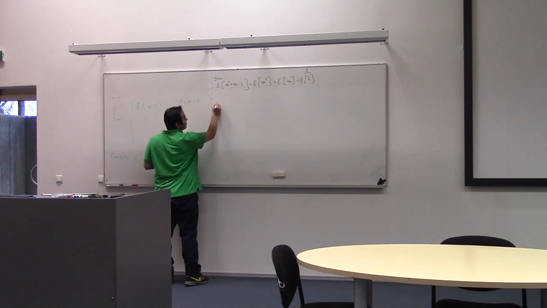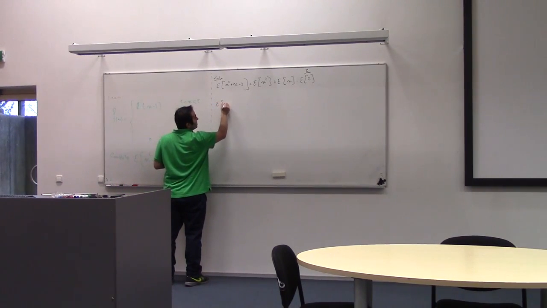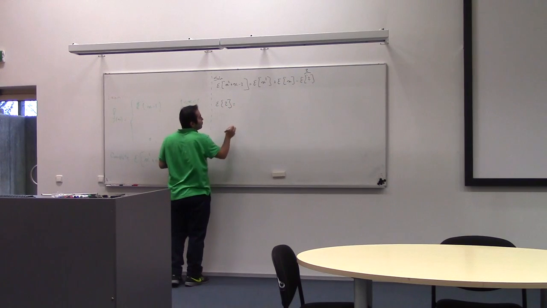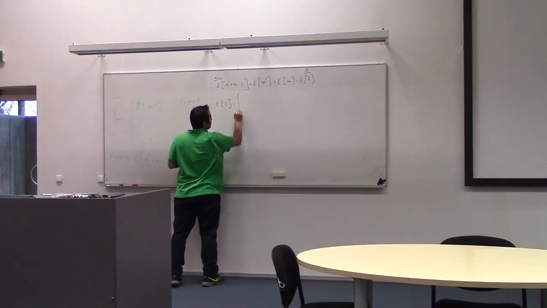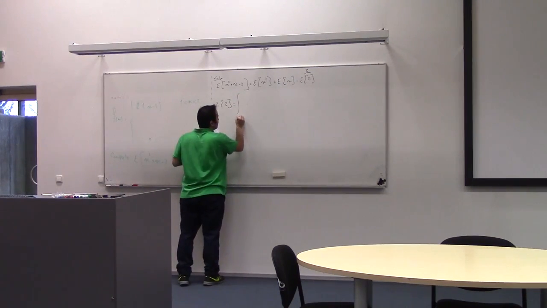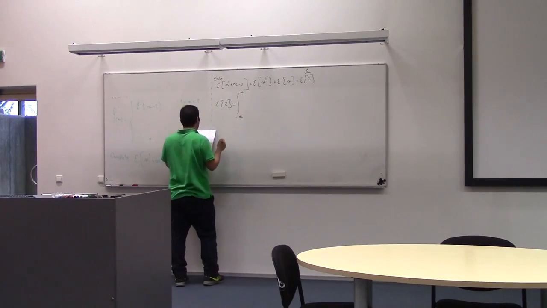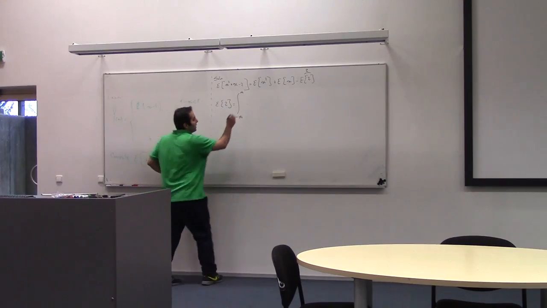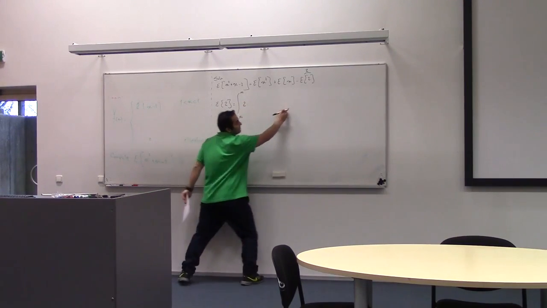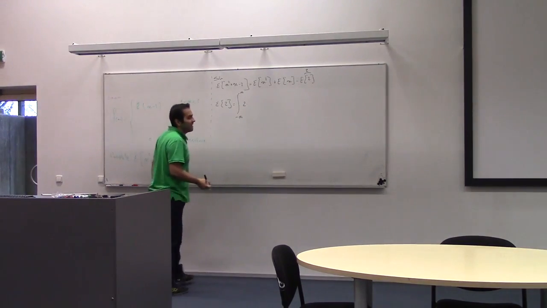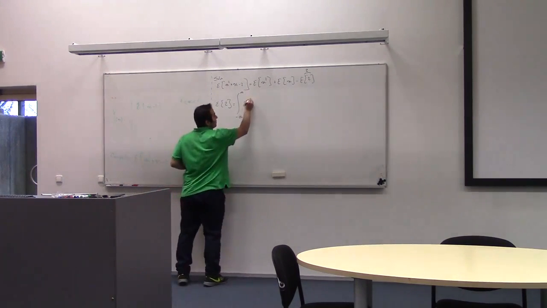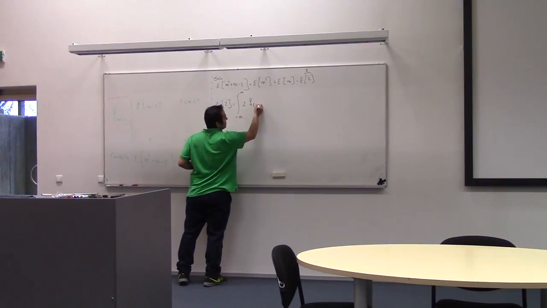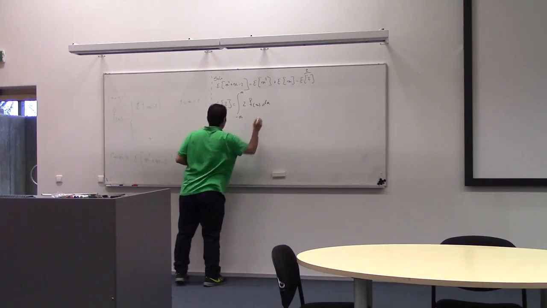But if we want to show how we can prove this, we can write it in this form. For the expected value we write 2, the value of the random variable, multiplied by f(x) dx.